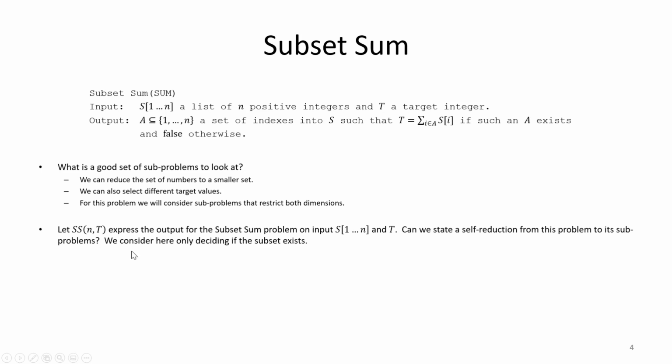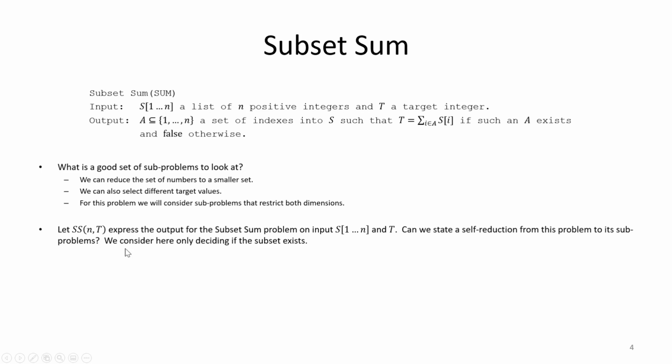So as a result, I'm going to use this SS, subset sum of n and t. These are my two inputs. Well, remember, my input's actually the full set, but to save ourselves some keystrokes and some writing, we don't need to include that here. The only part that we're going to restrict is n to n minus 1 and so on. And we might also restrict t as well, t minus something.